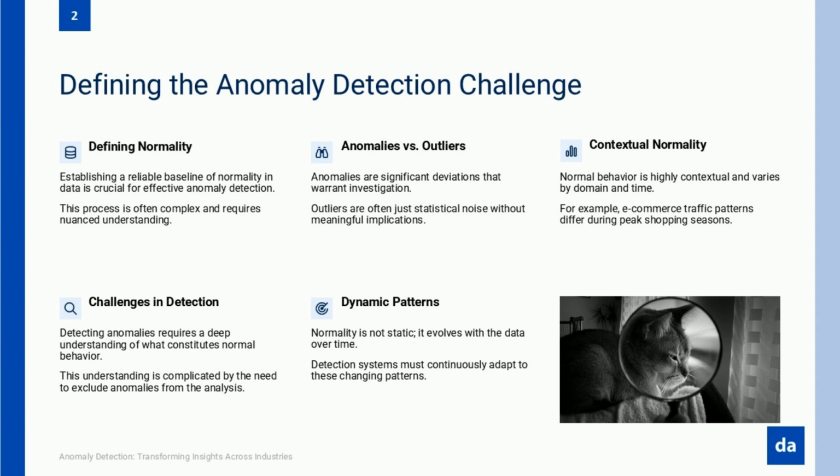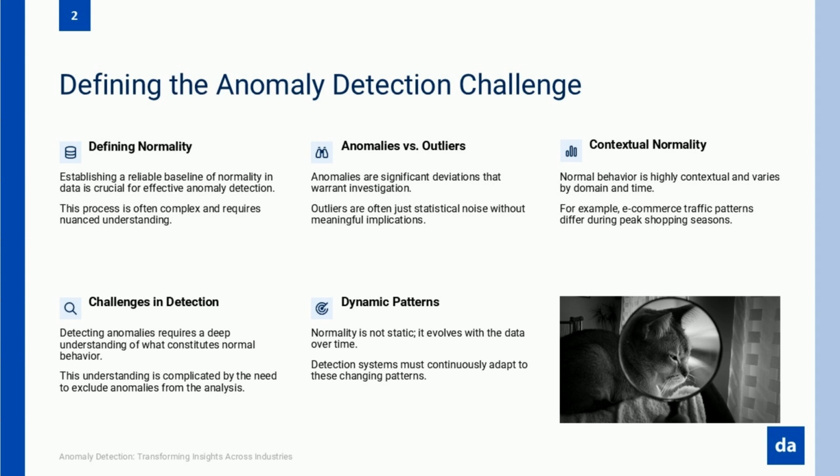What makes this distinction particularly challenging is that normal behavior isn't universal. It's highly contextual and domain-specific. This contextual nature of normality creates a moving target for anomaly detection systems. Take network traffic as an example. The definition of normal traffic for an e-commerce server at 2 p.m. on a regular Tuesday looks dramatically different from what's normal at 8 p.m. on Black Friday.